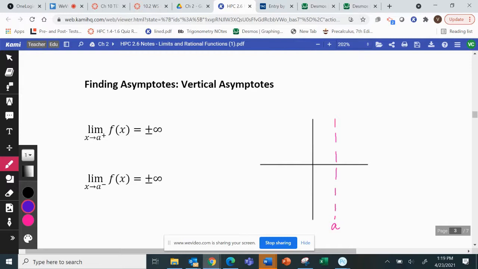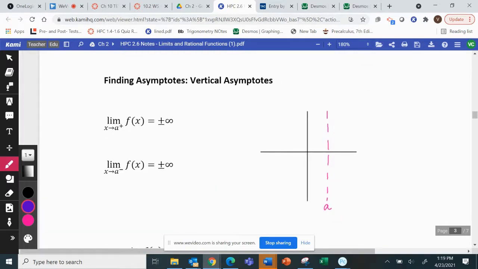All right, finding asymptotes. We're going to find some asymptotes for today's rational functions. Here's a picture where I have drawn an asymptote. It's at x equals a.